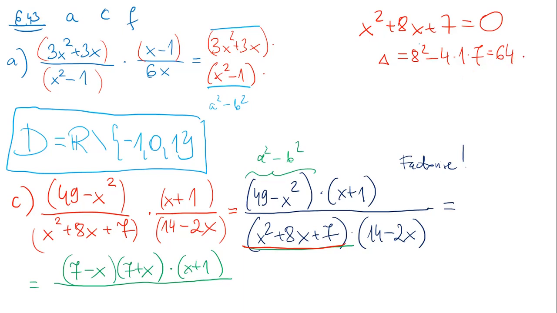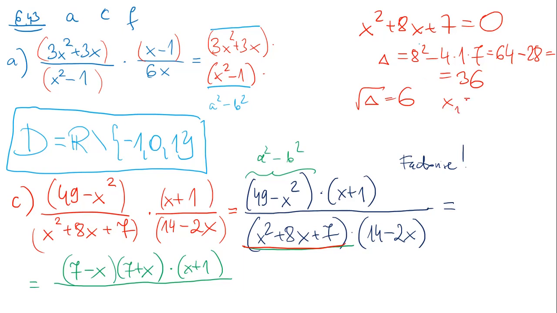So it's 64 minus 28. Okay, so what we get here, 64 minus 20 is 44, so it's 36. Okay, so it looks good. The square root of 36 is 6.